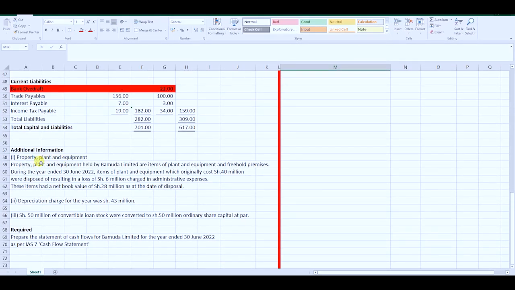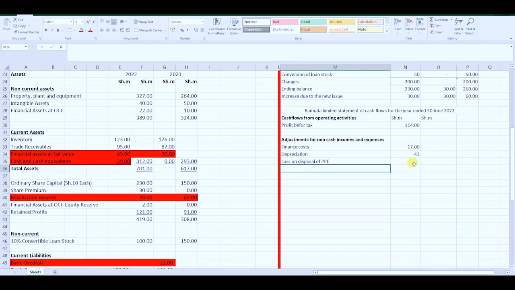Property, plant and equipment held by Bermuda Limited are items of plant and equipment, and freehold premises. During the year ended 30th June 2022, items of plant and equipment which originally cost 40 million were disposed of, resulting in a loss. Here it is, loss of 6 million charged in administrative expenses. So loss on disposal of PPE, 6. You're seeing it's just going to be a positive value there.